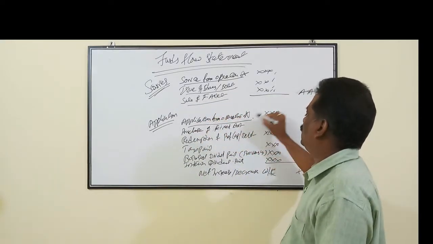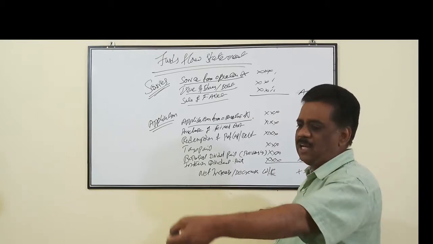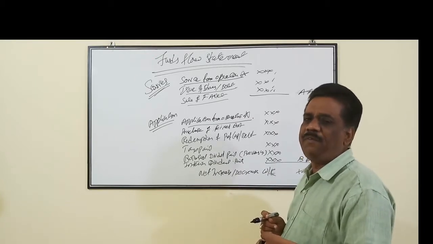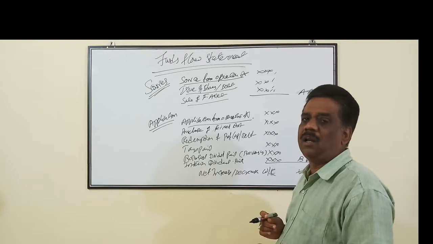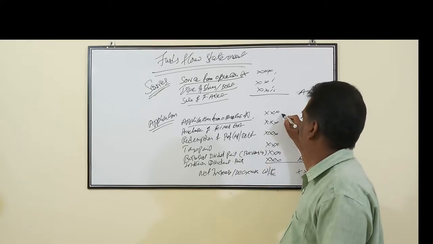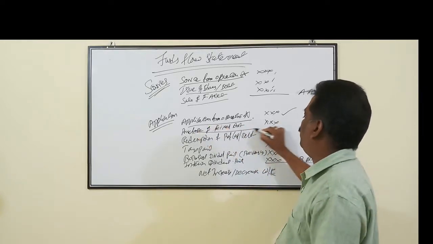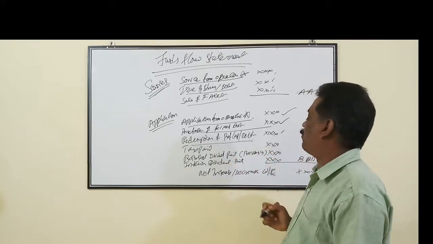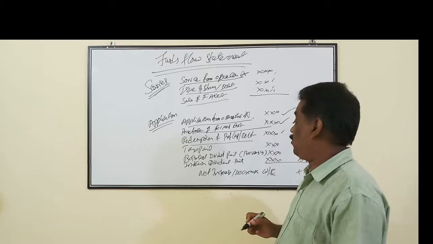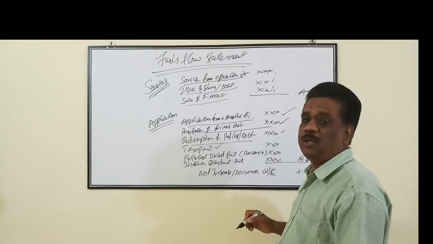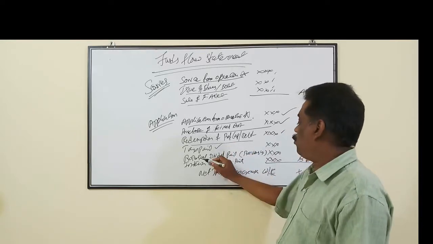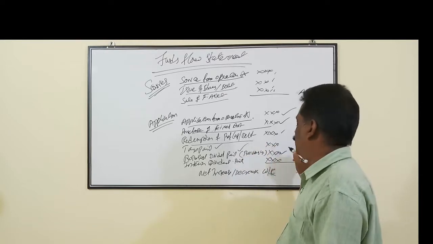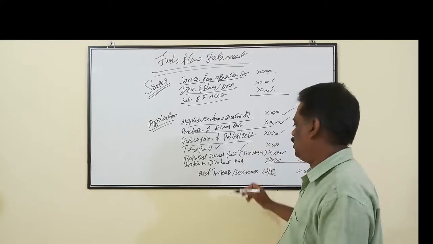Application from operations is the result of the immediate step, the profit or loss made during the year, or source or application from operation. Then purchase of fixed assets, redemption of preference capital and debt, tax payment made during the year, and the proposed dividend of the previous year paid are applications.